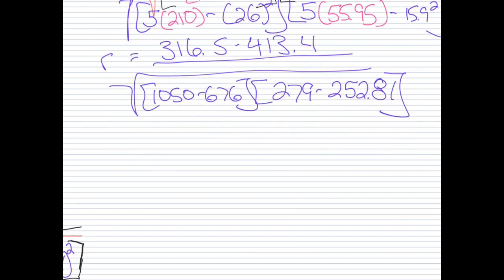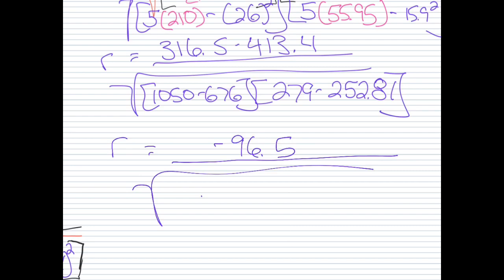So continuing to solve for our correlation coefficient. We'll get negative 96.9 over the square root of 374 times 26.99.